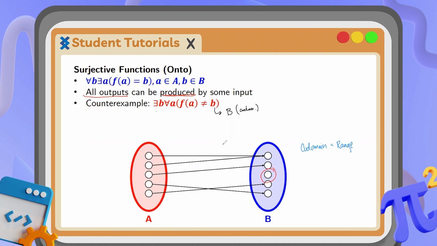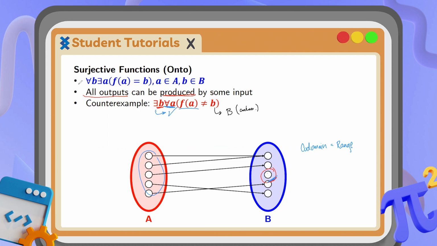So to see more clearly how this is represented with this counterexample, there exists a B, which is this one, that for all elements of A over here, f of A cannot map to the said value B. And since none of the values in the domain are equal to this element in the codomain, this one would be true.